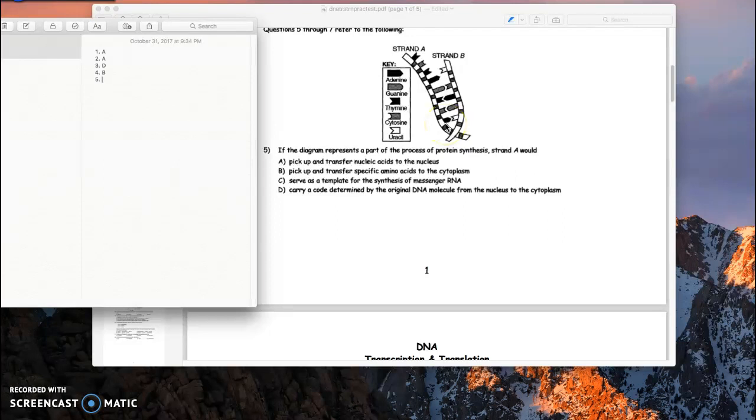So strand A must be DNA, whereas uracil appears only on strand B, so strand B must be RNA. Which in the diagram represents part of the process of protein synthesis? Strand A would. We already discussed that strand A is DNA, and DNA serves as a template for making mRNA. So your answer is C.